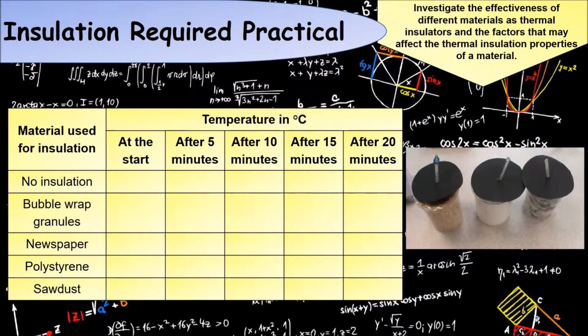So the table that you'll need to draw will look something like this. You'll have no insulation, which will be your control, then bubble wrap, newspaper, polystyrene, sawdust, or any other different types of insulation that you might have handy. Some people have some, others have others.